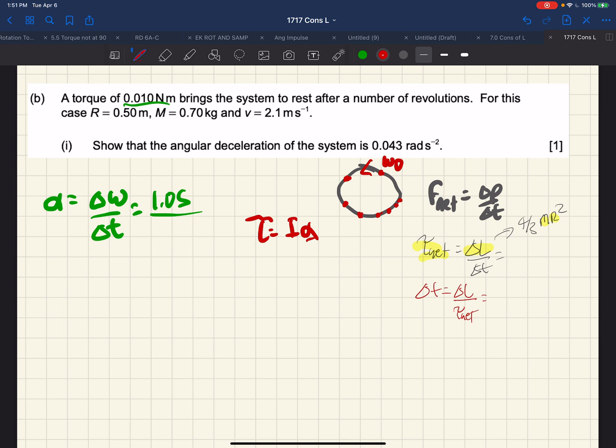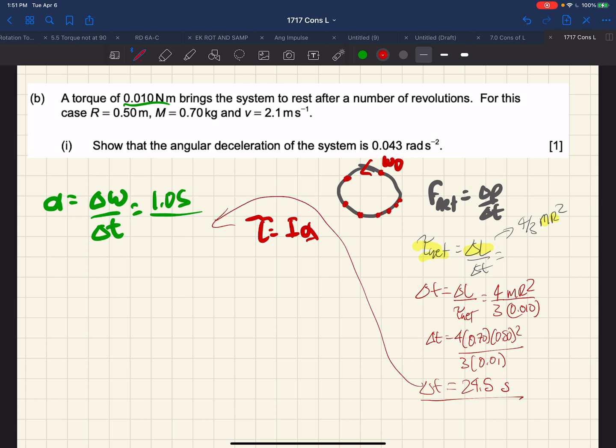And delta L then is 4/3 mr squared, and the net torque is 0.010. And the mass is 0.70, and the R is 0.50, all over 3 times 0.01. And that gives us a delta T equal to 24.5 seconds.